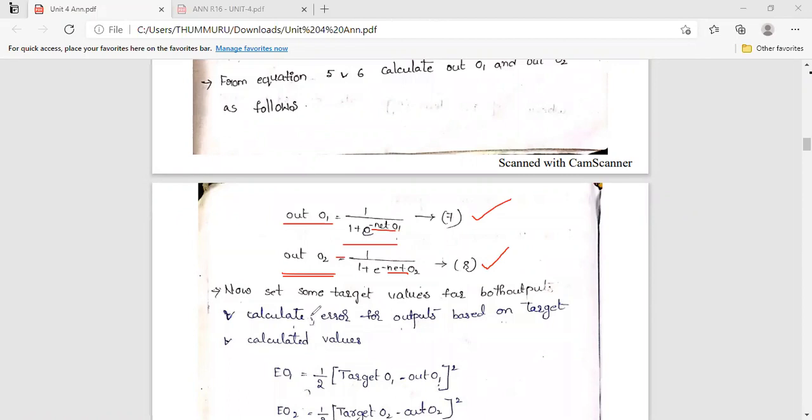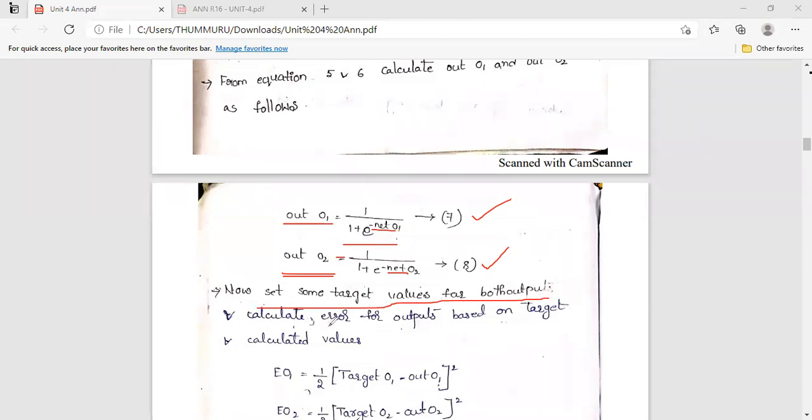At the place of the outputs, we are going to calculate the error rate. To calculate the error rate, first we are in need of target values. Now set some target values for both outputs.